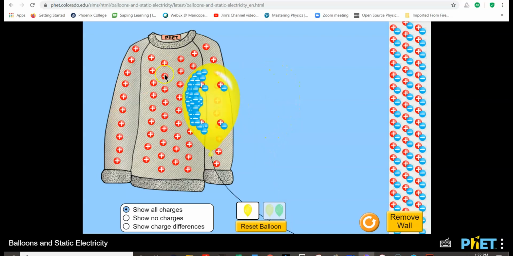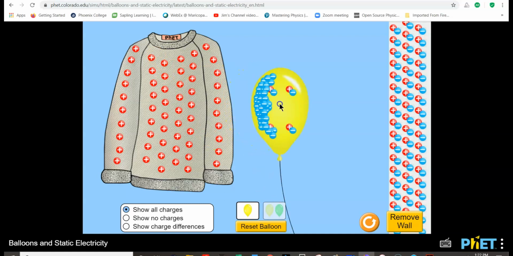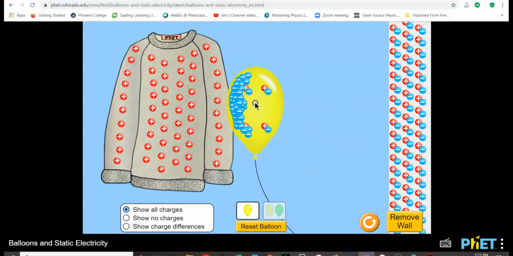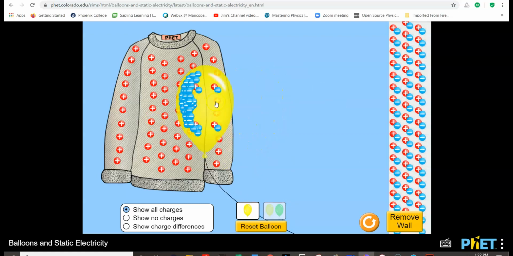But now it's got a net charge of positive, and the balloon now has an excessive charge of negatives. So by charging this balloon with negatives, you're taking electrons onto it. But by doing that, you've actually charged this wool shirt by taking its electrons, and now it's positive.